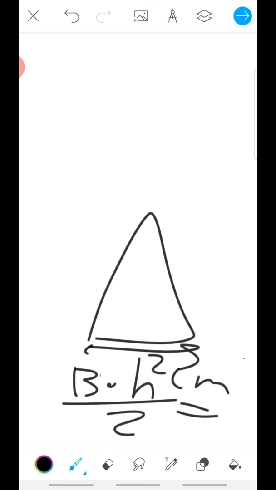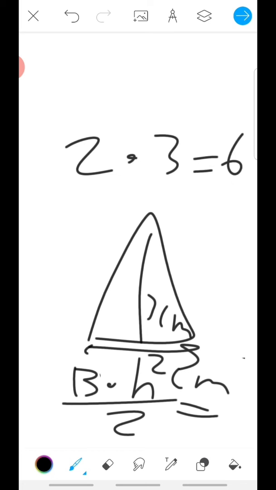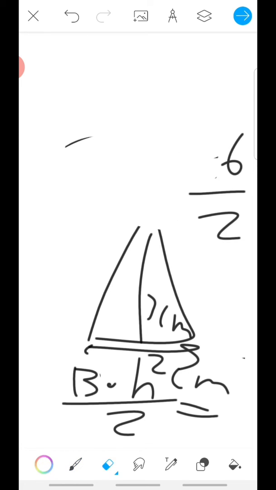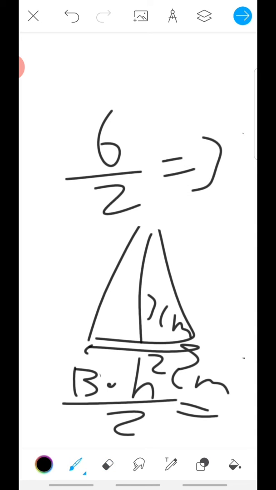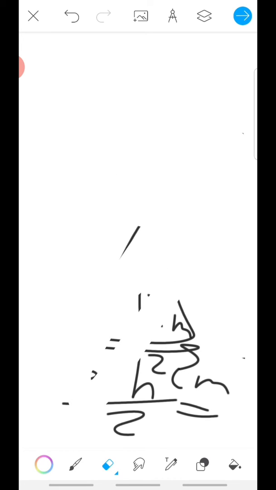And let's say the height is like 3 centimeters. That means that we have to do 2 times 3 is equal to 6 divided by 2. And 6 divided by 2 is equal to 3. So that means that the area of this triangle is 3.